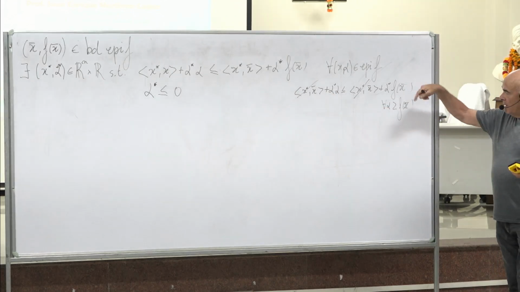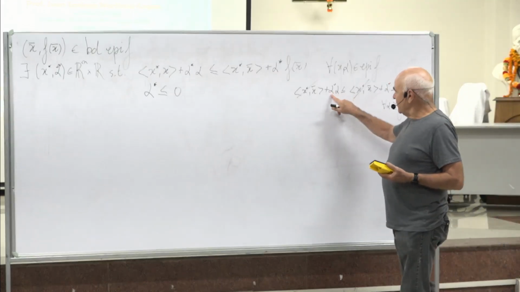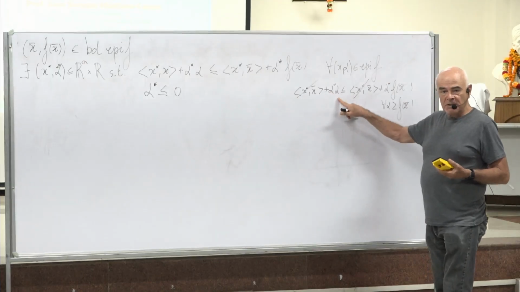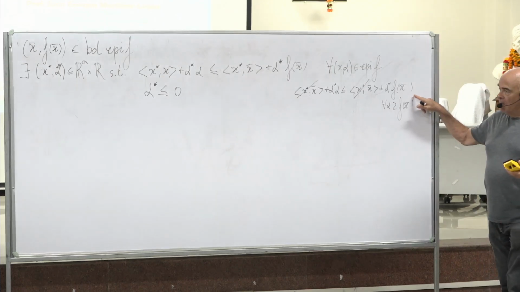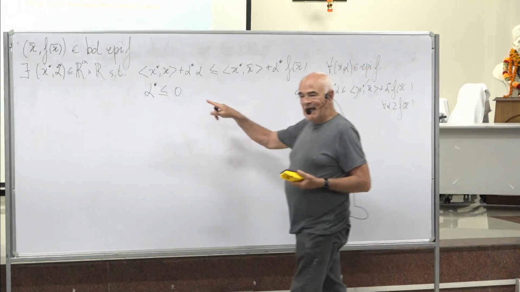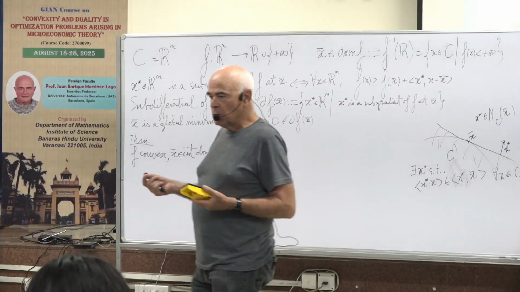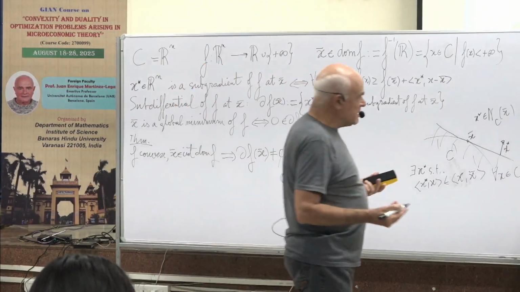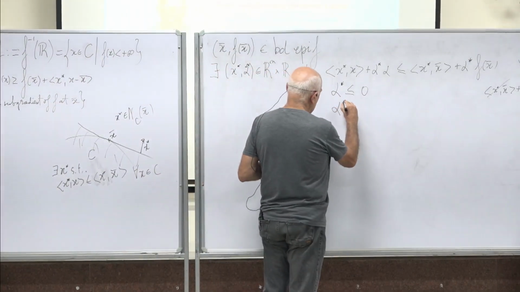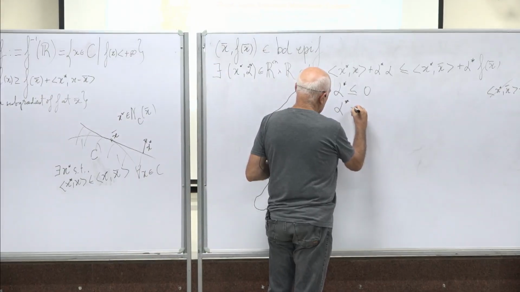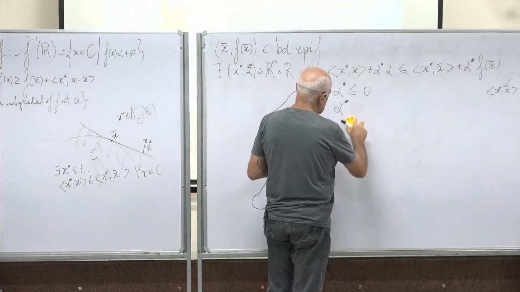So make alpha go to plus infinity, and if alpha star is strictly positive, this should go to plus infinity, which is impossible because there is an upper bound. So alpha star cannot be positive. Must be less than or equal to 0. But I say more. Alpha star cannot be 0. So alpha star must be strictly negative.